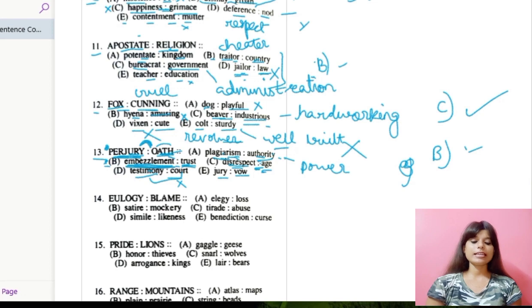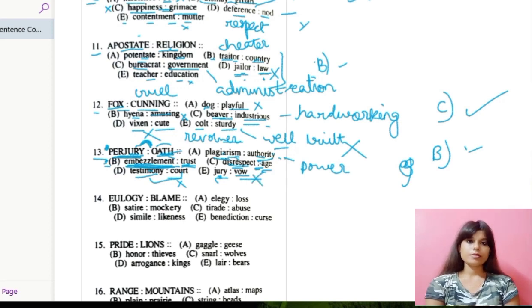So they basically give a verdict in a legal case, okay. And vow means any kind of promise or pledge or swear, okay. No, this is absolutely the opposite of perjury and oath. You see, jury is the opposite of perjury. Like perjury means false promise you are doing, and vow means like you are swearing or promising. So it's not going.